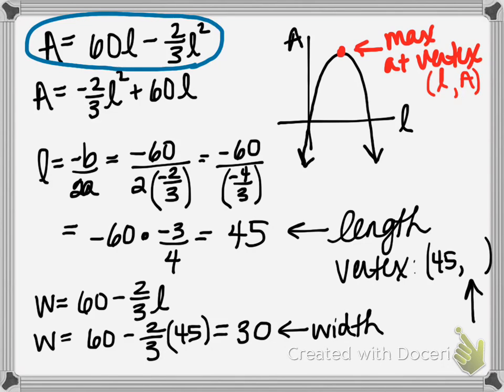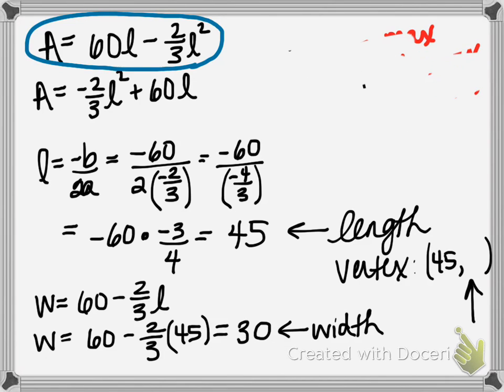So if you want to, get rid of this here, you can go ahead and then also take the length and you can substitute it here into our area function. Our area function, so that would be A of 45. And that's going to give you the largest area, the actual area of the corral, which looks to be 1,350.